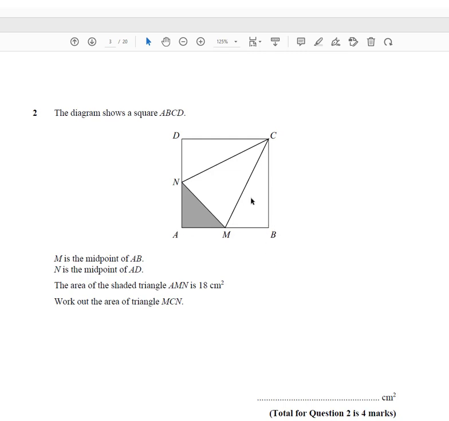From that you can work out what the area would be. You should know the area of that, and that, and you should know the area of the whole square because you've worked out how many of these, at 18 each, make the whole square. So if you take that, that, and that away from the whole square, what's left is your triangle. Show your working out.